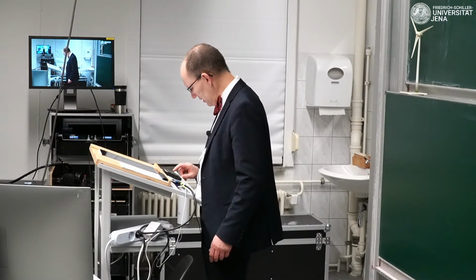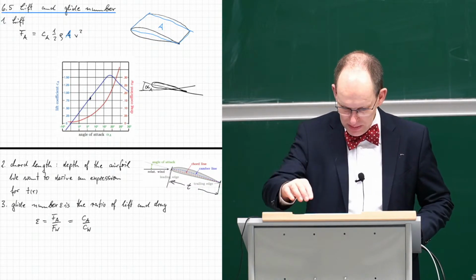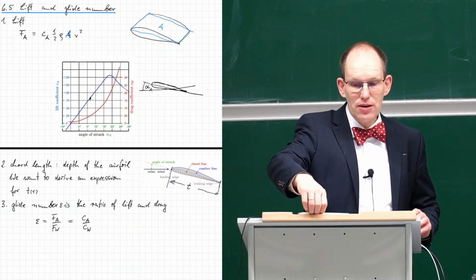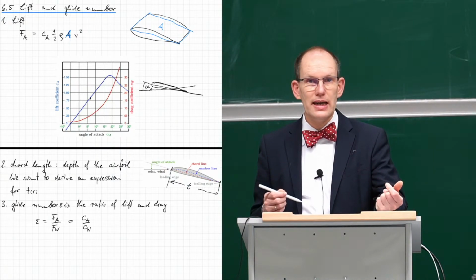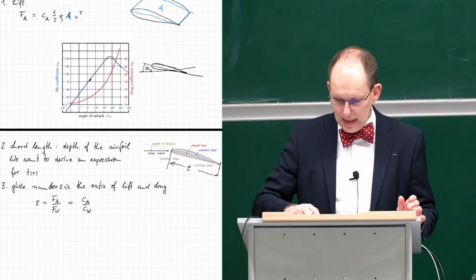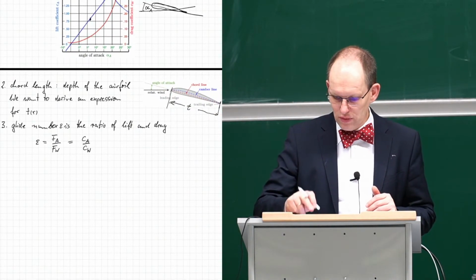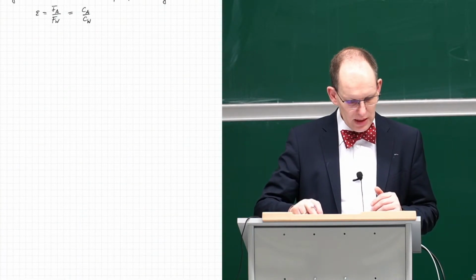But that's not our point. Our point is that we want to calculate the aerodynamic forces at the rotating blades in order to find a condition for the chord line, for the length of the chord line.